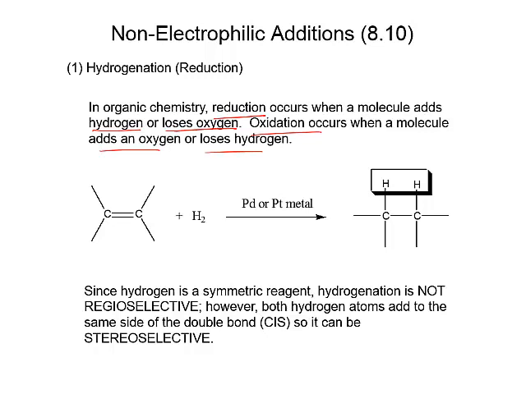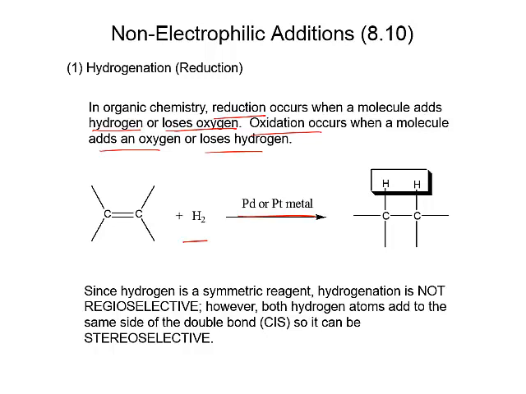So when we talk about oxidation and reduction in organic chemistry, we usually talk about gaining hydrogens, losing hydrogens, gaining oxygens, or losing oxygens. So in this case, I can reduce a double bond by adding hydrogens to it using hydrogenation. And so hydrogenation involves adding hydrogen and either palladium or platinum metal.